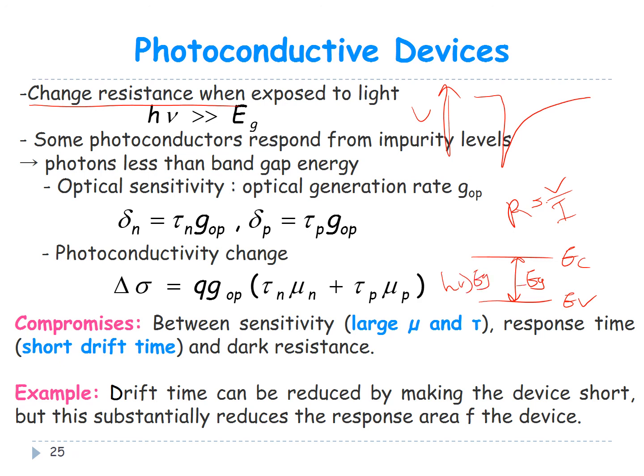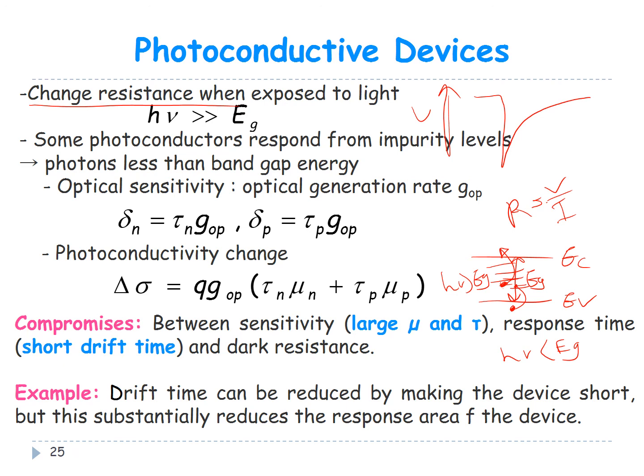But if you have states in the gap, then even hν less than EG can result in absorption, because an electron can be excited from a state to the conduction band. So you can see that if you have states inside the gap, hν less than EG can result in photoexcitation.